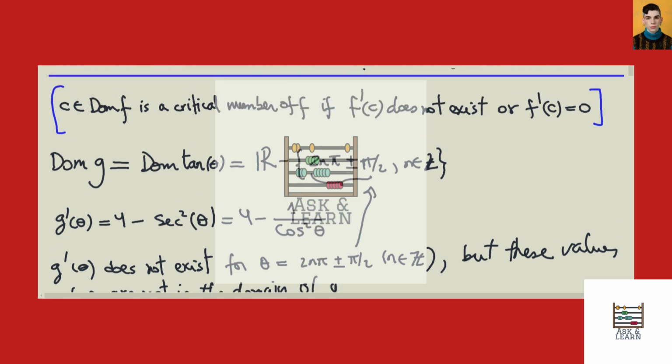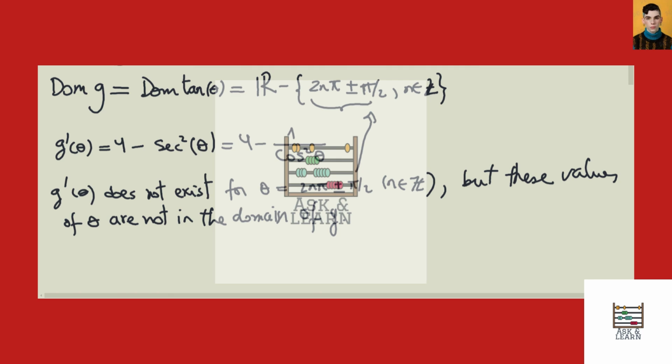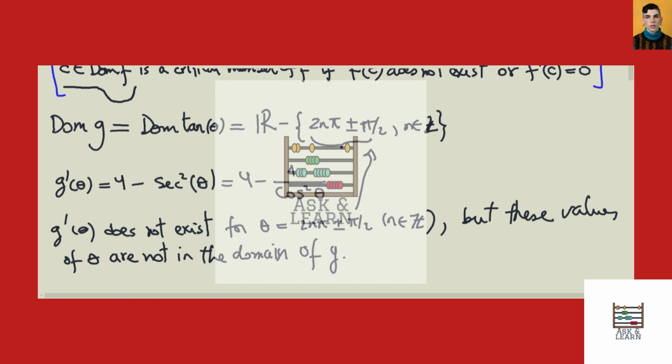And that's the first requisite for a number to be a critical number. So the only critical numbers of this function are those values of theta for which the derivative is 0.